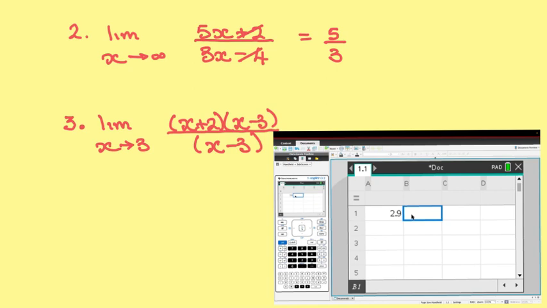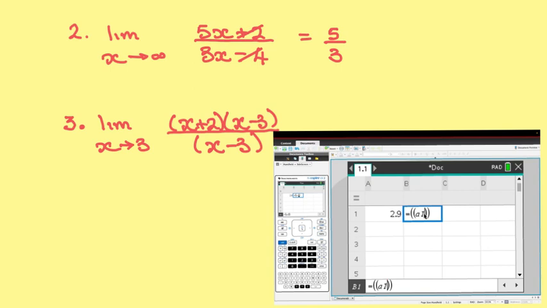In this cell I'm going to put the equation of the function. So I'm going to put it in such a way that I can use it multiple times. So I'm going to put double brackets, and instead of x, I'm going to use this cell to generate my value for x.